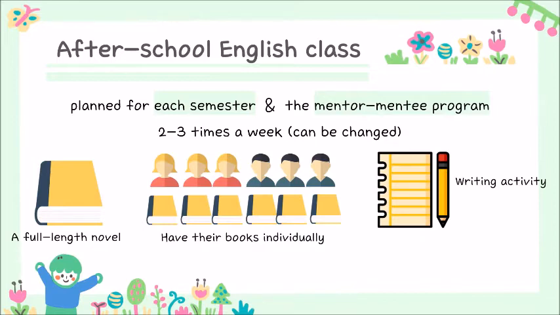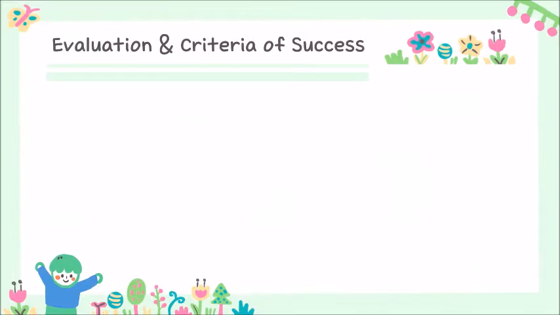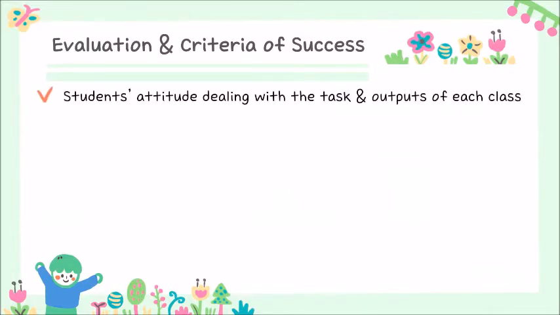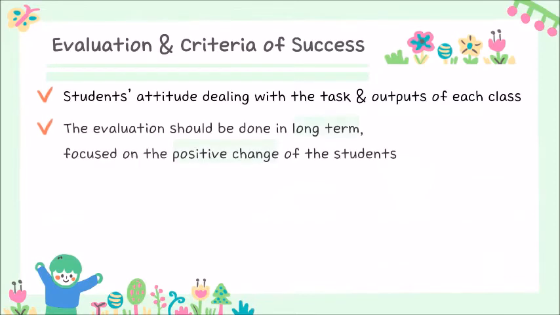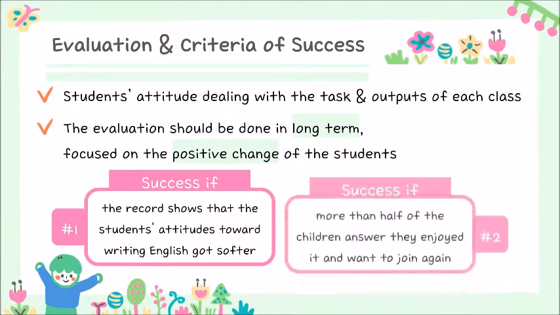Also, teachers can give students some group work that requires the cooperation of more than two teams. Teachers would evaluate the students' accomplishments through their attitude dealing with the task and the outputs of each class. The evaluation should be done in the long term, focused on the positive change of the students. The success or failure of this program will be judged in two ways.